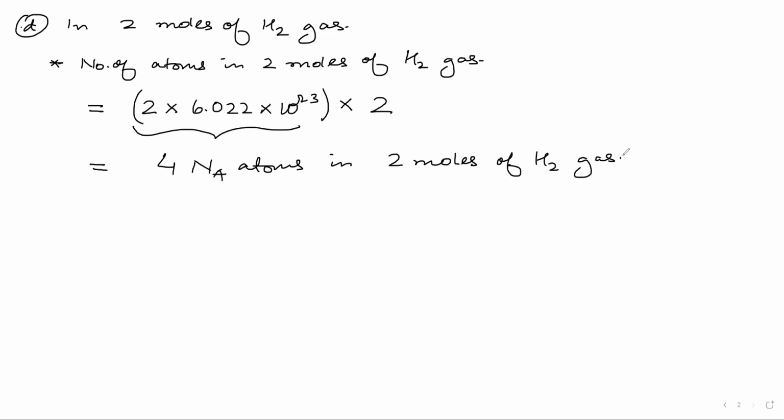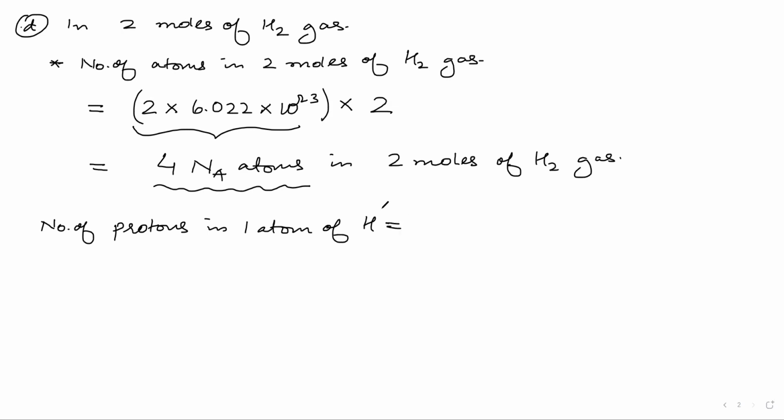No doubt, right? Now tell me, we have got the number of atoms here. How many protons are there in one atom of hydrogen? One. 1 proton.